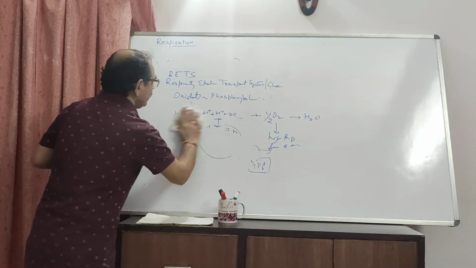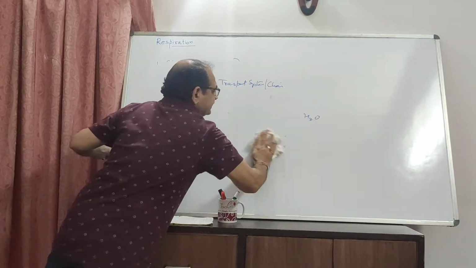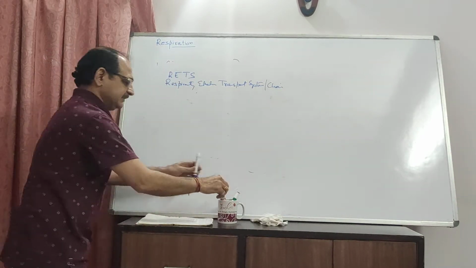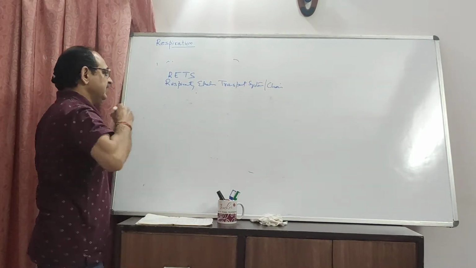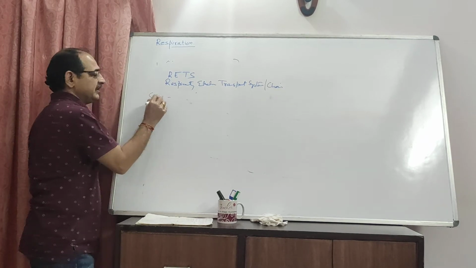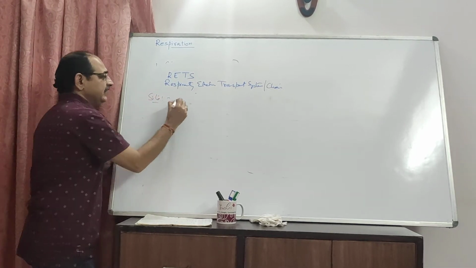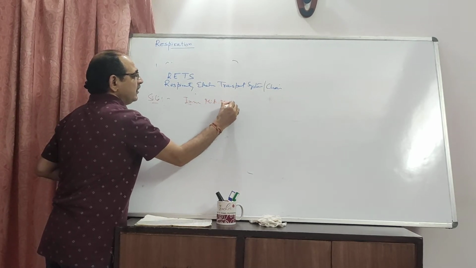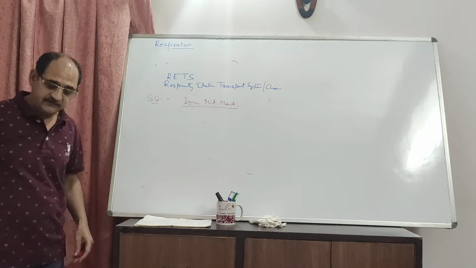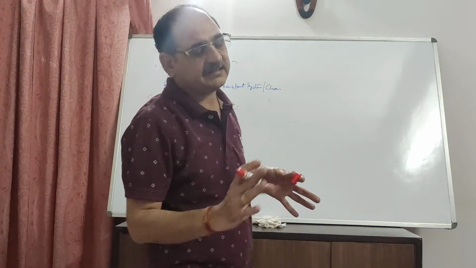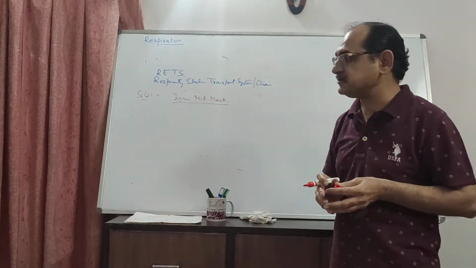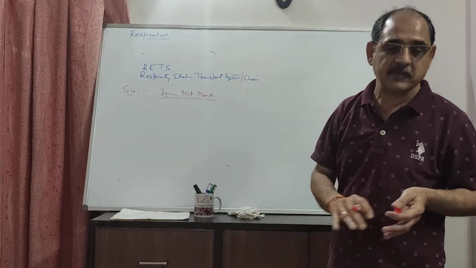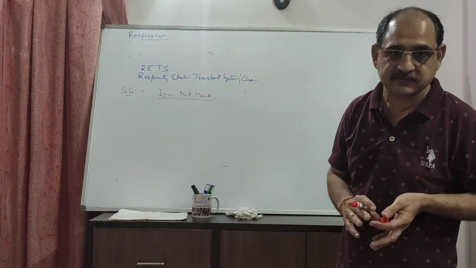Okay. So this RETS chain, its site, as described earlier, is the inner mitochondrial membrane. In fact, enzymes responsible for this electron transport chain of the respiration are formed in the inner mitochondrial membrane in the form of certain complexes.